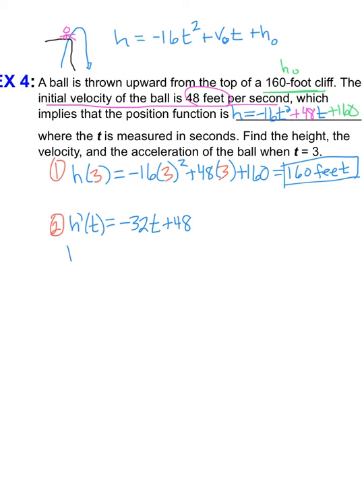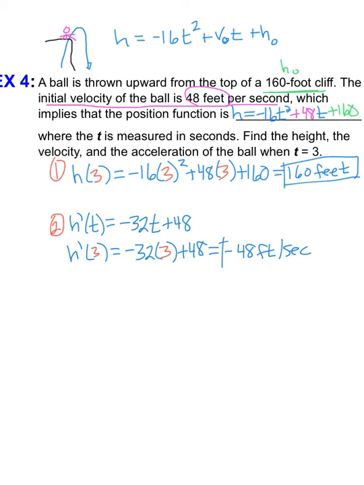And then we're going to substitute in to the derivative 3 in for every t that we have. So a 3 goes here and here. And so if you run that through your calculator, you're going to get negative 48 feet per second.